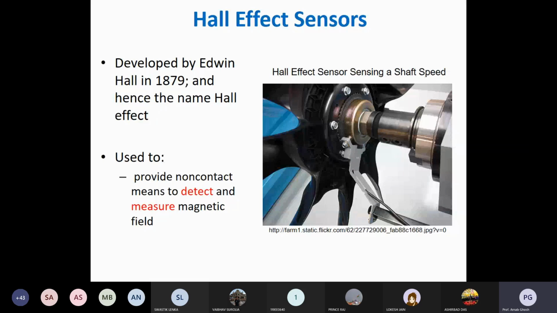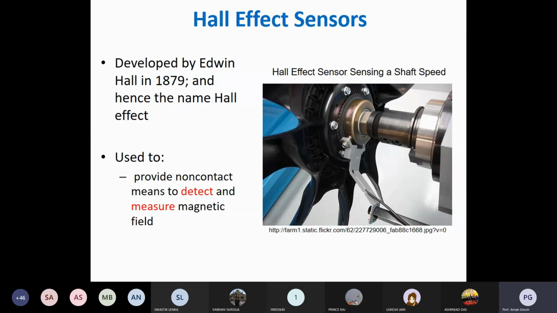In my last class, I just started giving some brief idea on Hall effect sensors. Due to the changing of the magnetic field, some electrical voltage may be developed, and you can measure that voltage to find out the equivalent parameter that you want to measure.